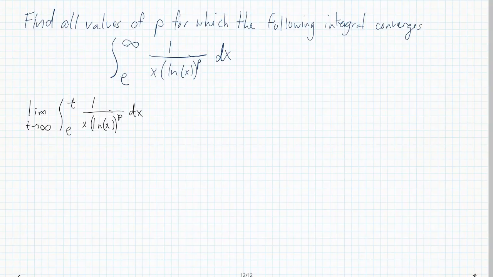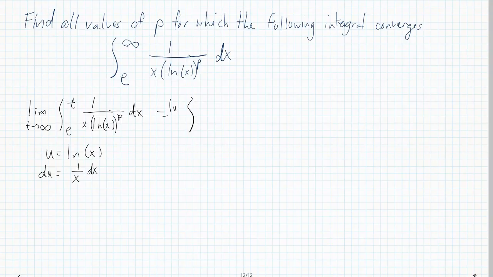Now this might be a little bit crazy, but if you set u equal to natural log of x, and du then equals 1 over x dx. Notice you have the 1 over x sitting out there, and then a dx right in here. So all we need to do is change our bounds.